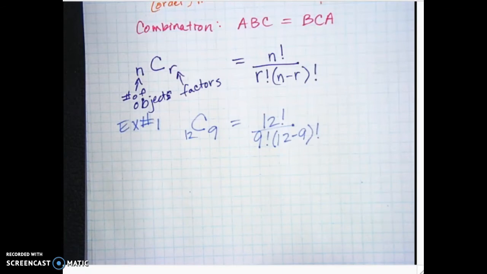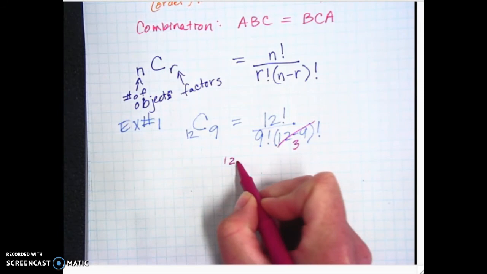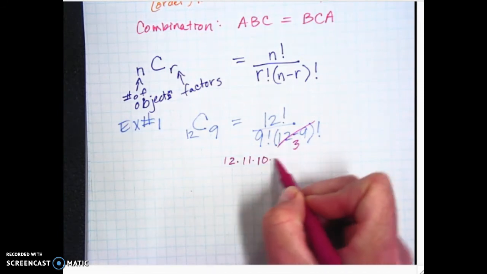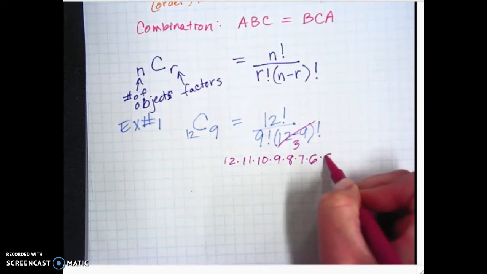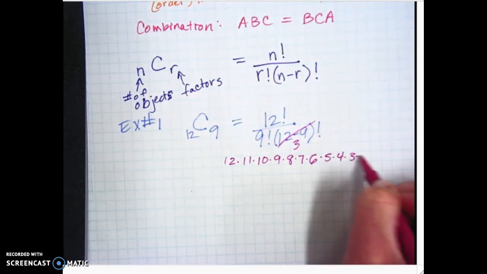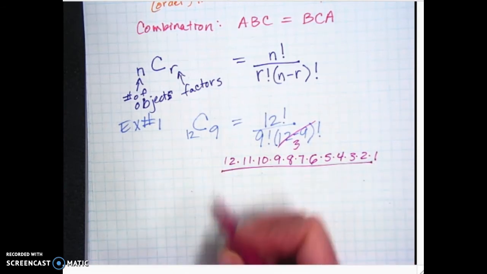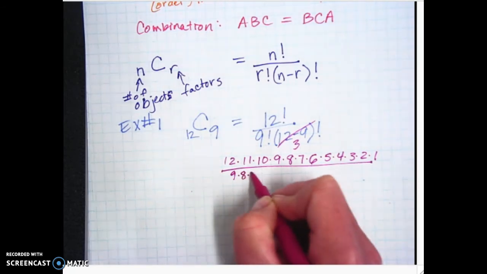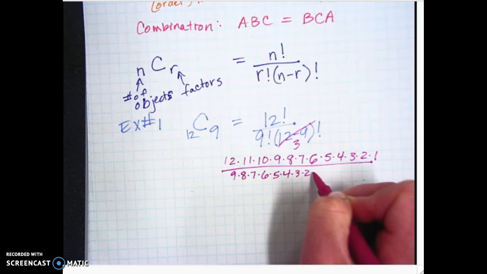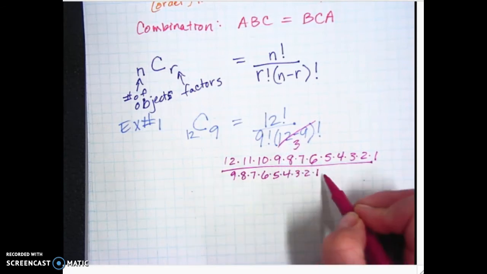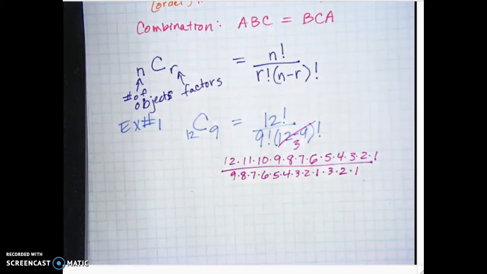12 minus 9 is what? 3. Okay, so you could write it out as 12 times 11 times 10 times 9 times 8 times 7 times 6 times 5 times 4 times 3 times 2 times 1 over 9 factorial, which is 9 times 8 times 7 times 6 times 5 times 4 times 3 times 2 times 1, and then another 3 factorial, so 3 times 2 times 1.